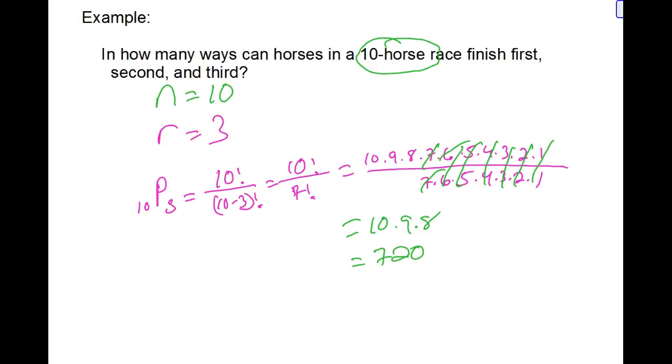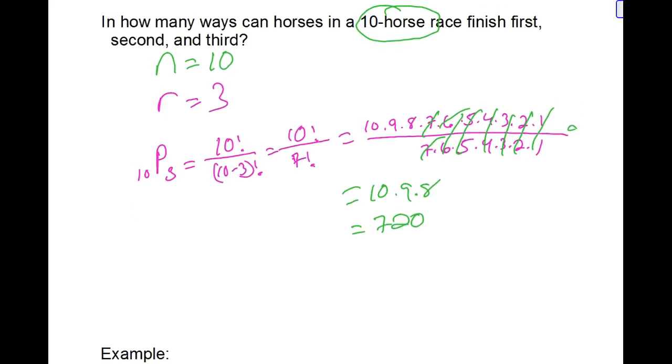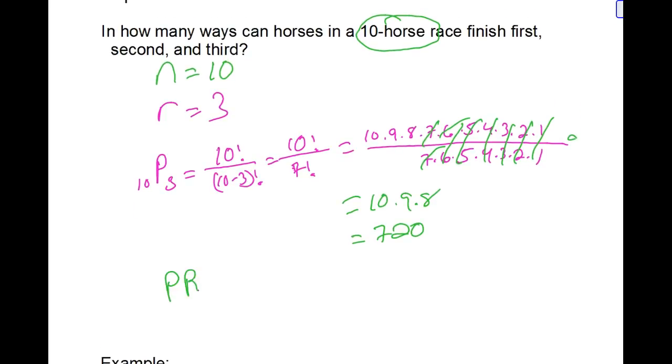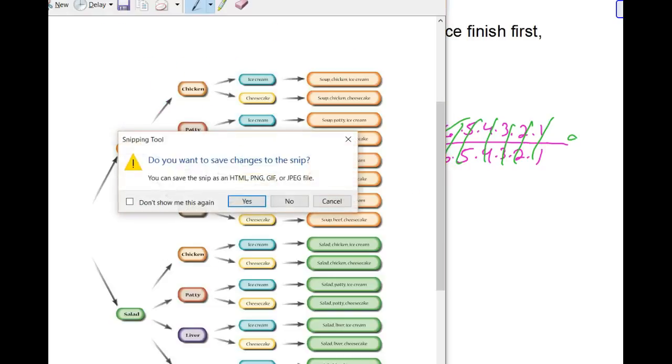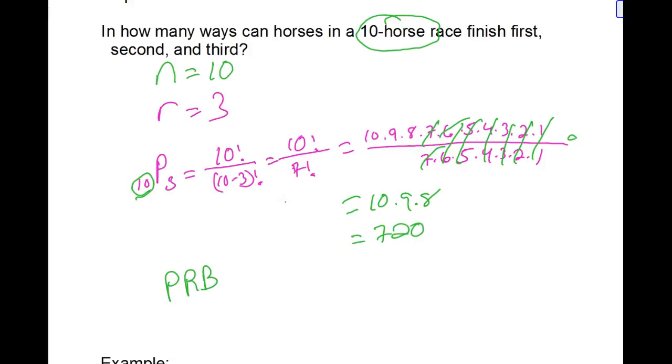For larger numbers, you can solve it this way, or you can use on your calculator what is called the PRB button, your probability button. If you're using a TI-30X2S, which is what we usually recommend, you'll first type in the total number, 10, and then you'll hit PRB, and it will come up with a couple of different options.